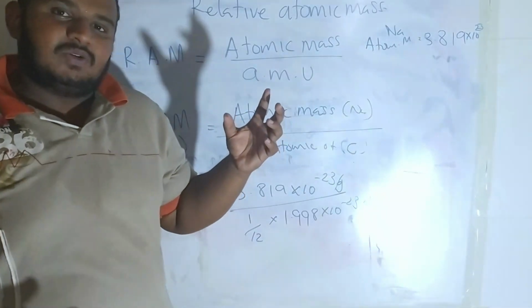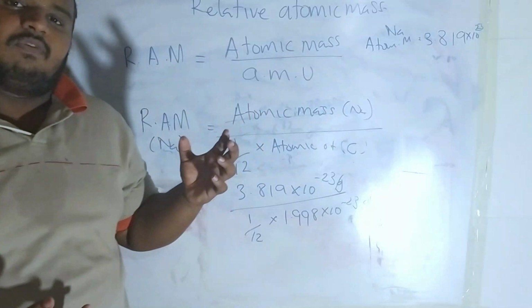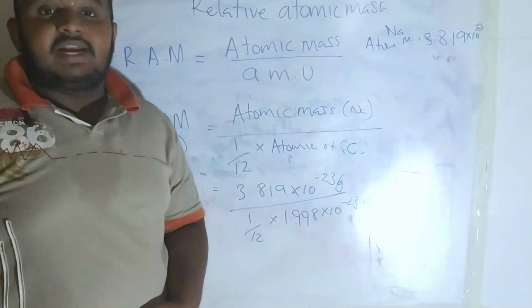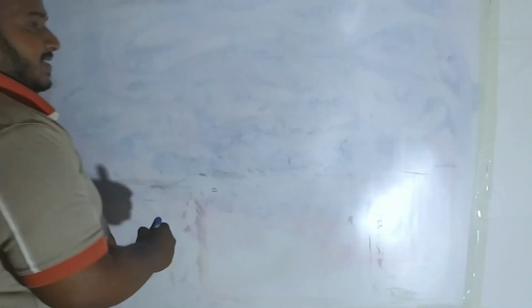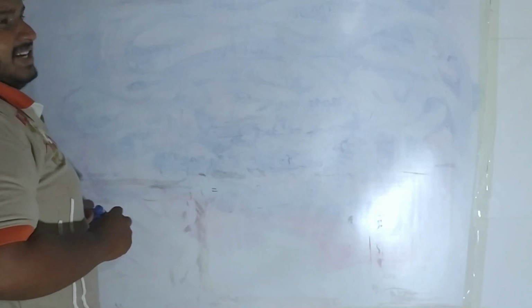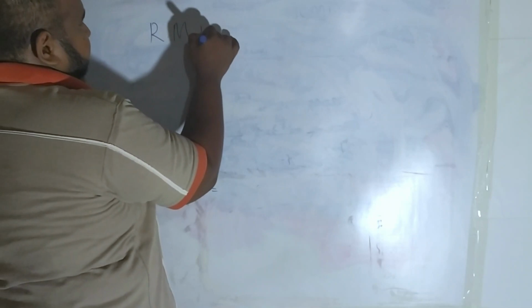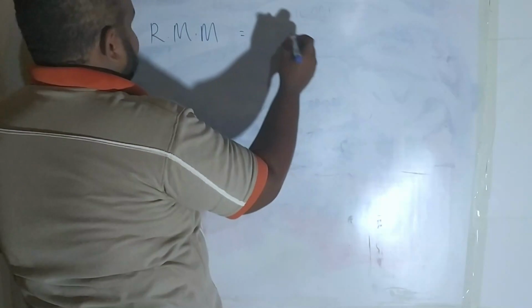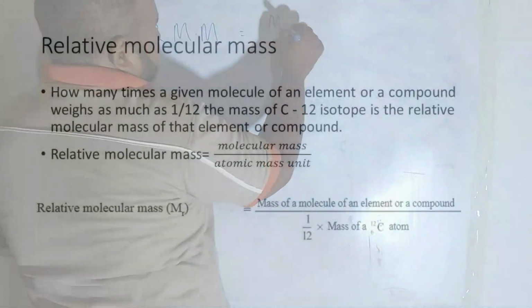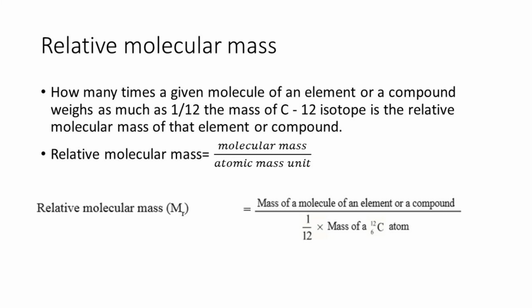Therefore what we did, we introduced the term atomic mass unit, and now we have found something else called relative atomic mass, which has no unit. Next is relative molecular mass, which is a very simple thing. Relative molecular mass is derived from the mass of the molecule.